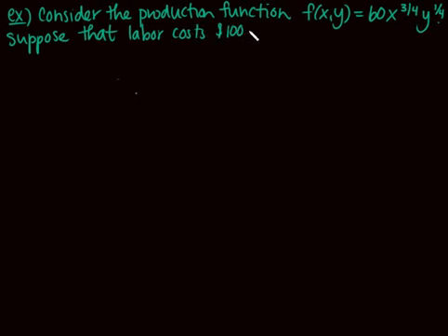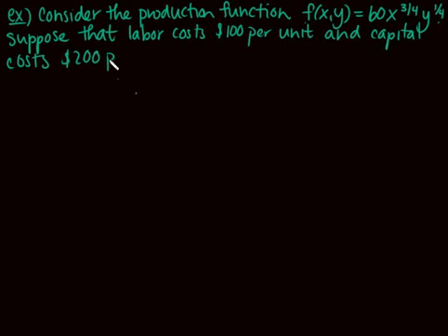labor costs $100 per unit and capital costs $200 per unit. Okay, assume that $30,000 is available to spend on costs.